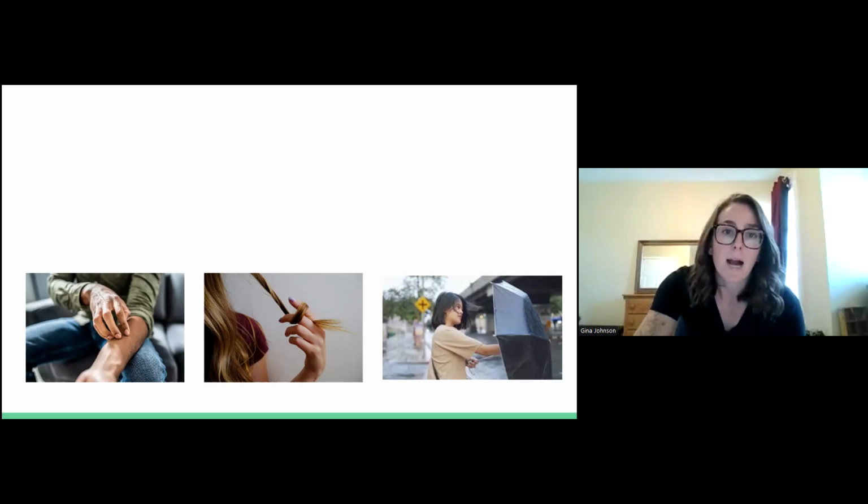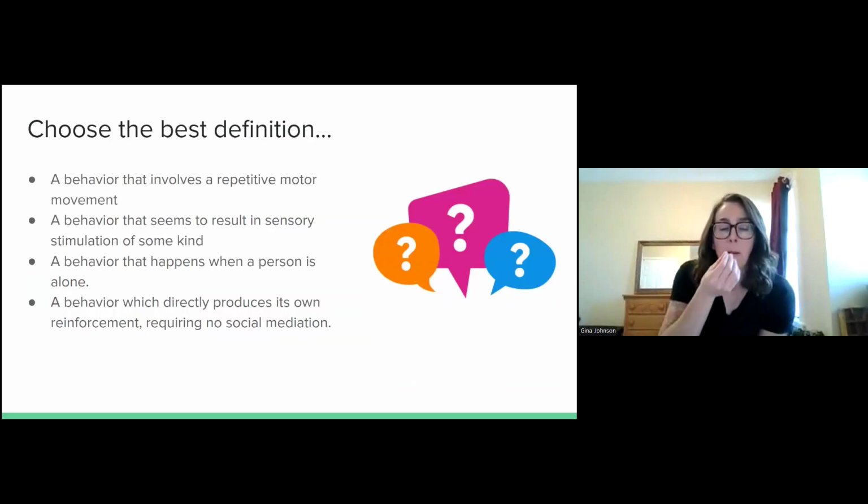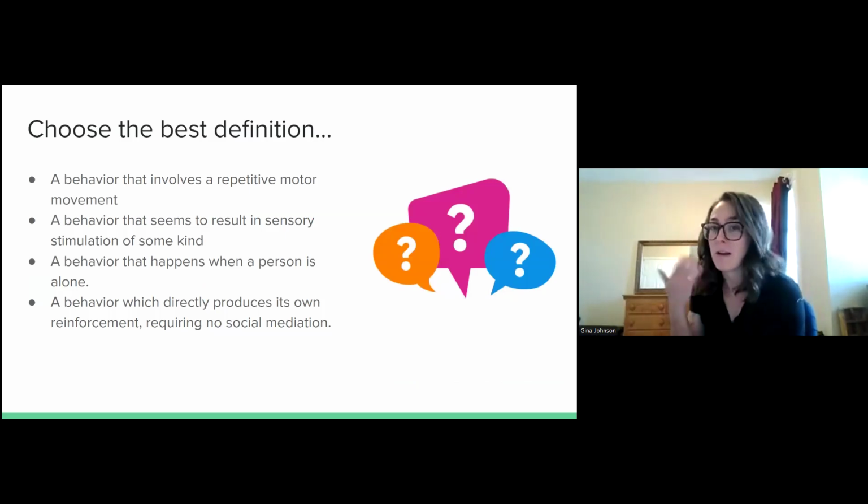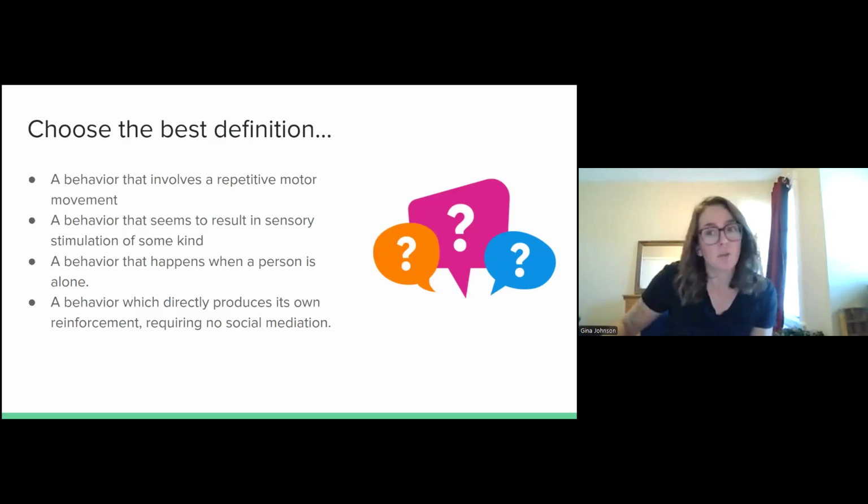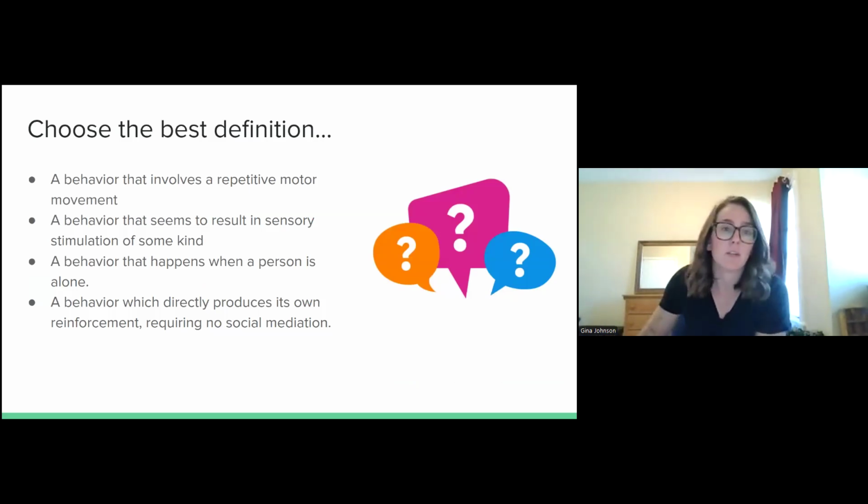If you look back at these, we got a lot of responses when we thought of automatically maintained behaviors. We thought of a lot of repetitive motor movements or repetitive vocal behaviors, which very well could be automatically maintained, but we don't know for sure. So that can't be a definition.